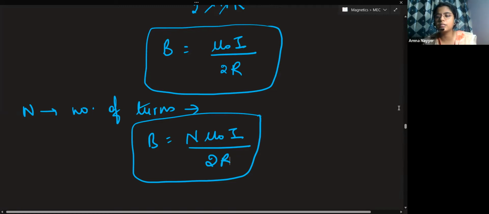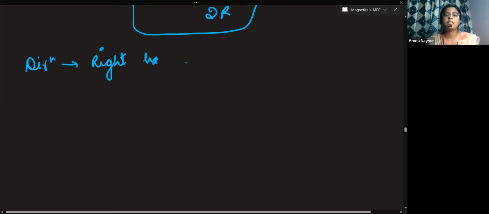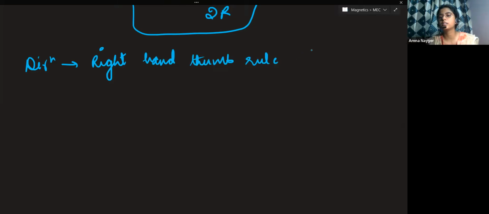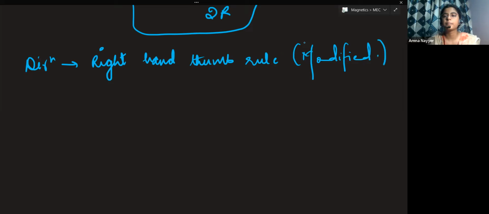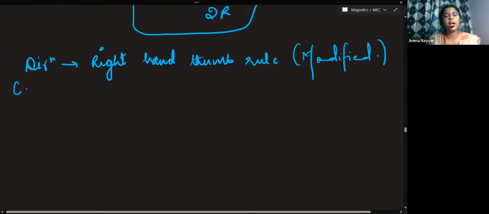Let me write the direction as well. I was telling you about the right hand thumb rule. So the direction is given by the modified right hand thumb rule. This is a modified form of it. You have to curl your fingers along the sense of current.